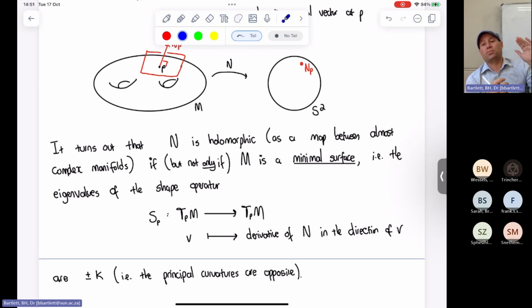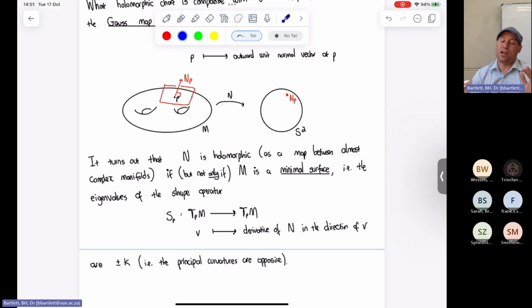But for a minimal surface, in a certain direction it's going to be positively curved, and in the other direction it's going to be negatively curved. And they're actually going to be opposite in magnitude. If that's the case, then this Gauss map is a holomorphic map. It's not the only way that you can get a holomorphic chart, but it's just an interesting differential geometry situation, which I kind of like.